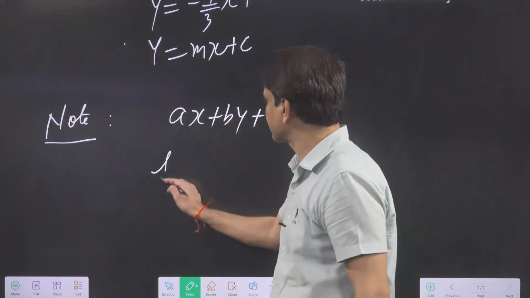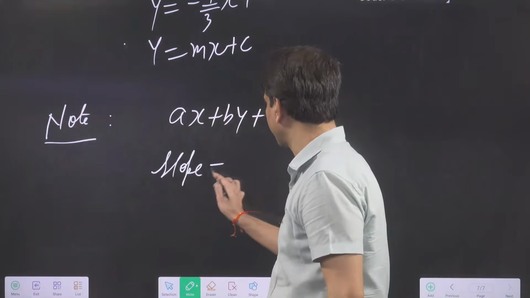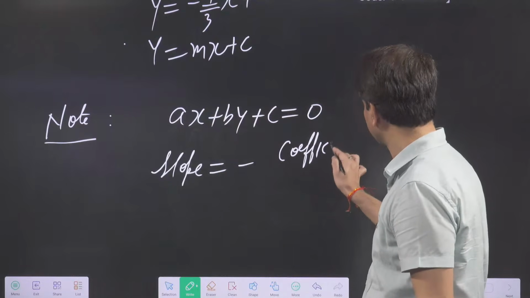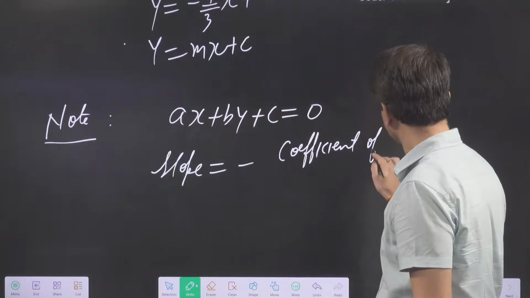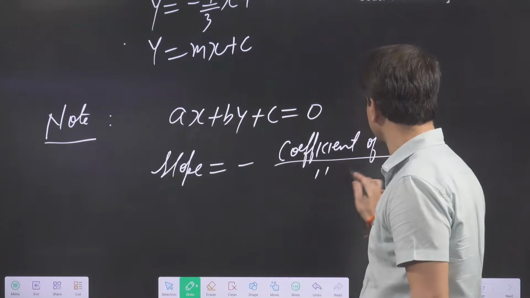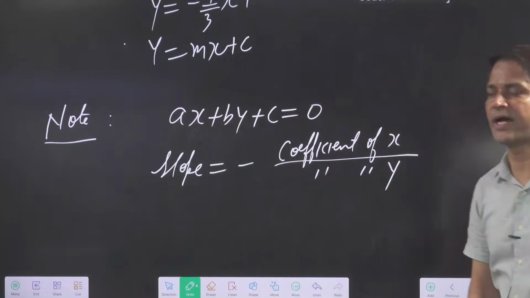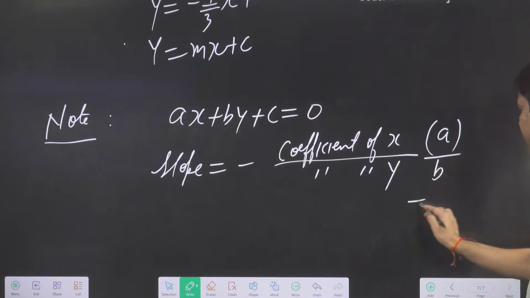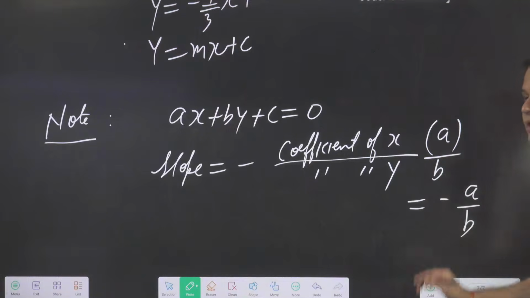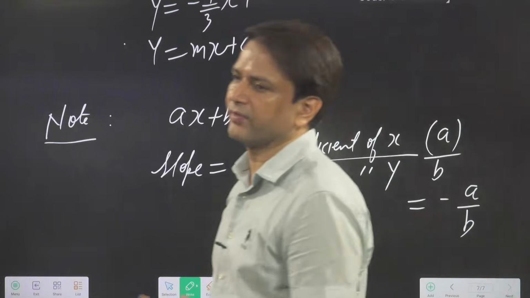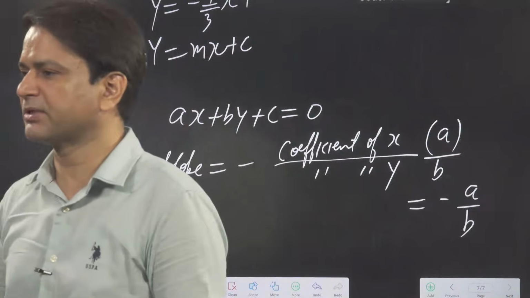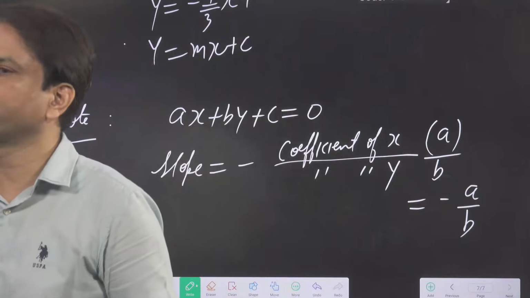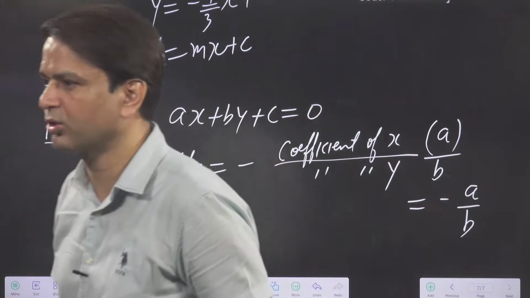If I am asking the slope of this line, we can directly say minus coefficient of x upon coefficient of y. Directly remember that this is a and this is b. So minus a by b. For any form given, ax + by + c = 0, minus of coefficient of x upon coefficient of y, directly you will get the slope.